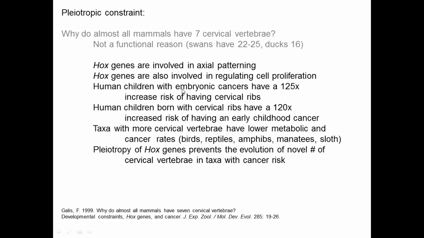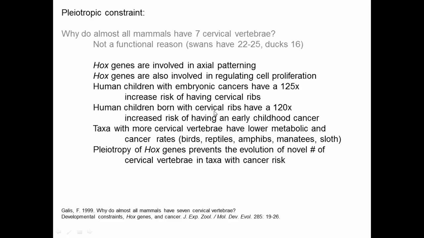When you look at human children with embryonic cancers, so this is actually cancer before they're even born, when you look at those individuals, they actually have 125 times higher risk of having cervical ribs. So that's actually their cervical vertebrae not developing the cervical vertebrae, but actually developing into thoracic vertebrae. Human children born with cervical ribs, so that's having ribs on the cervical vertebrae.